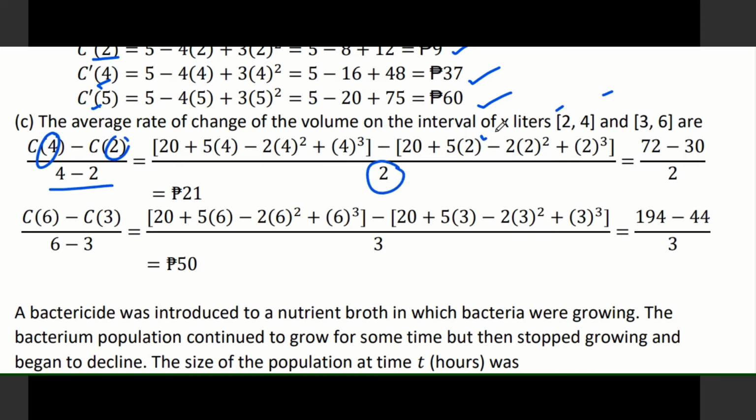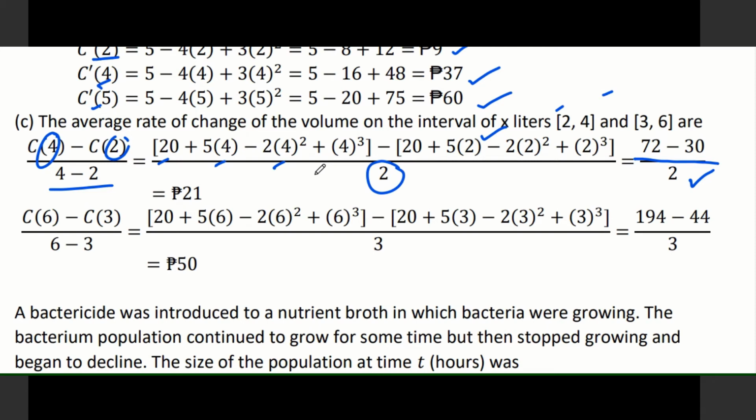Now do the process, simplify. Here, okay, 20 plus 20 is 40. Okay, 16 plus 2 times 2 will give you 32. So that's already negative 8 plus 16.